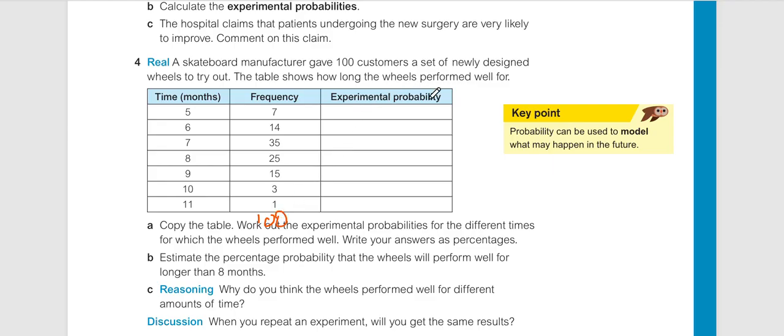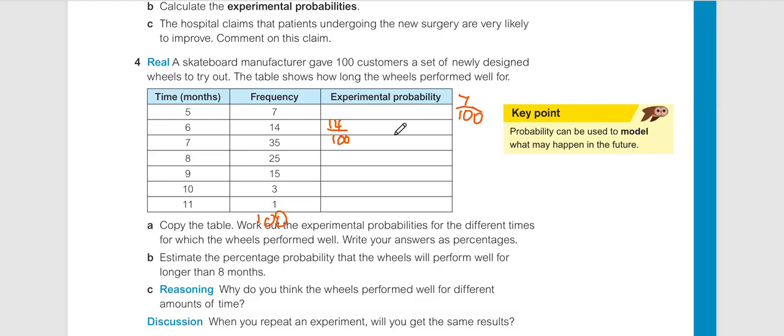So for experimental probability, we are going to write the frequency for each one upon the total frequency, which is 100. For 5 months, what's the experimental probability? It's 7 upon 100. Then for 6 months, it's 14 upon 100.